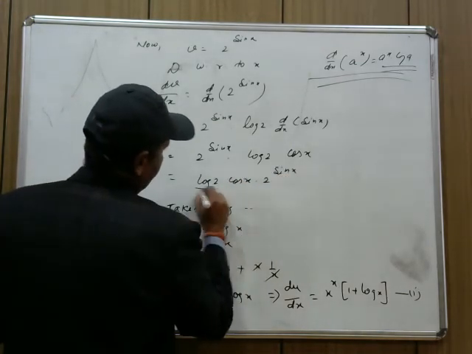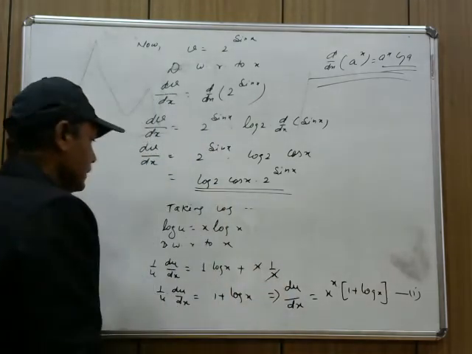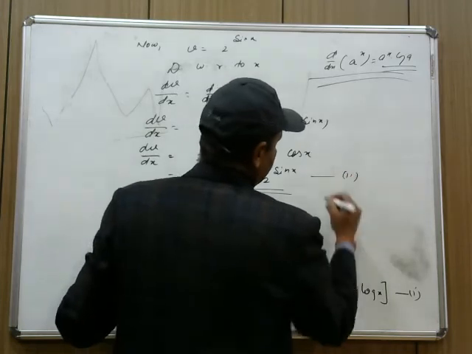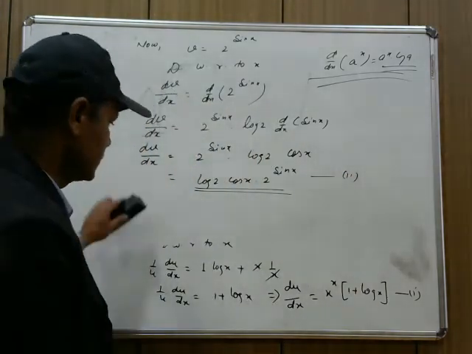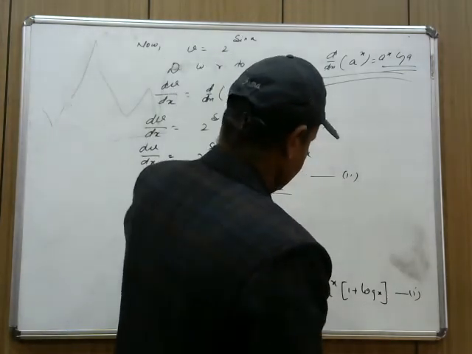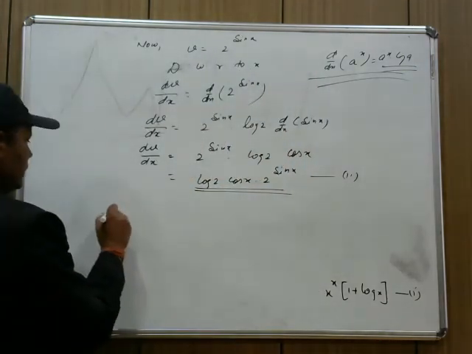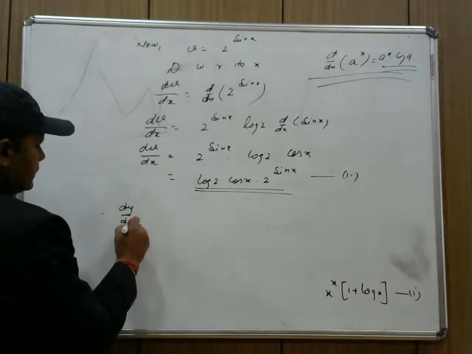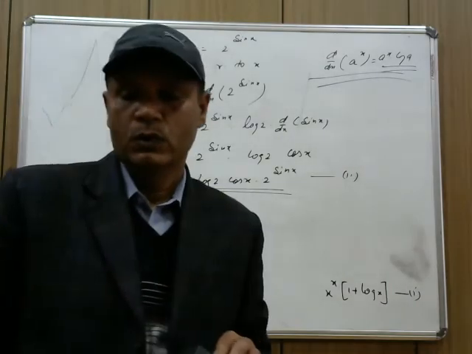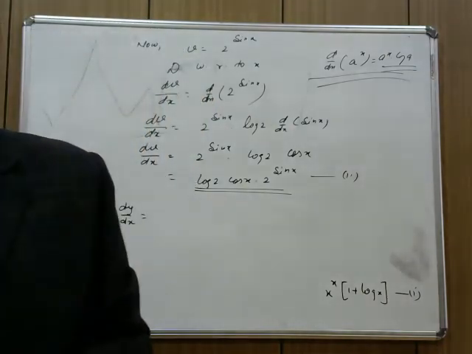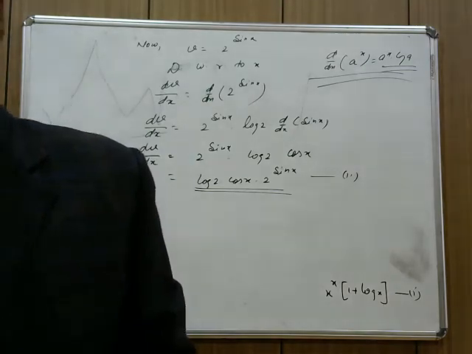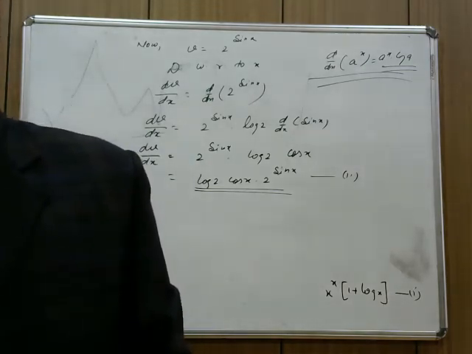This is the differentiation of the second part, and now we come to the final part of this question. Initially I wrote that dy by dx is equal to du by dx minus dv by dx. Here we have calculated both the parts, and then we will write the answer.